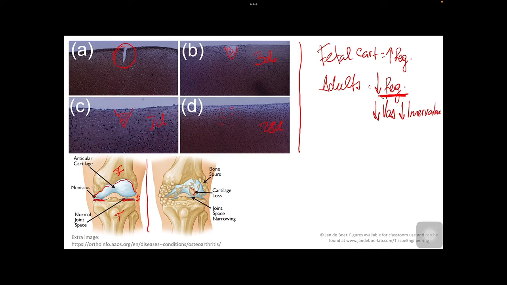right? When progressions or mini fractures or mini damages happen over time, they can degenerate into what we call osteoarthritis. So overweight, lack of physical activity, other diseases can accelerate cartilage damage.